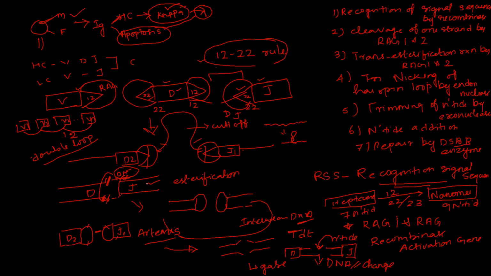Now, once it cuts, this small part of RAG will be present. So this will be your D and this will be your J. So a small part of RAG is still present. Now, once the other intertwining DNA is cut off from it, only these two parts will be present.